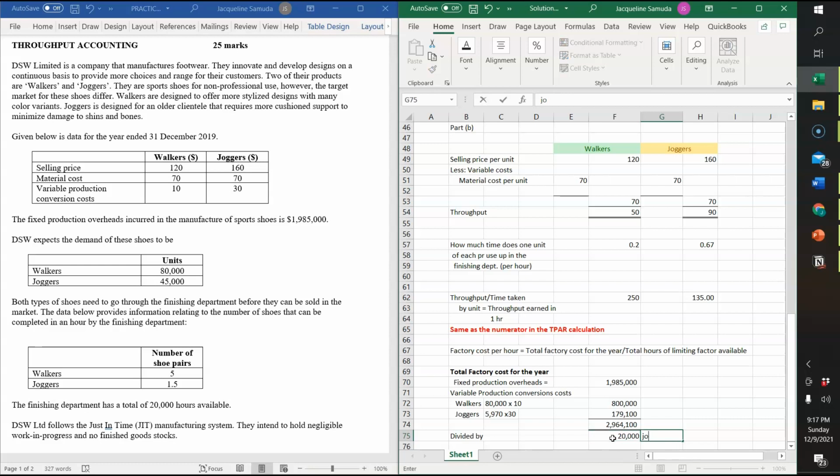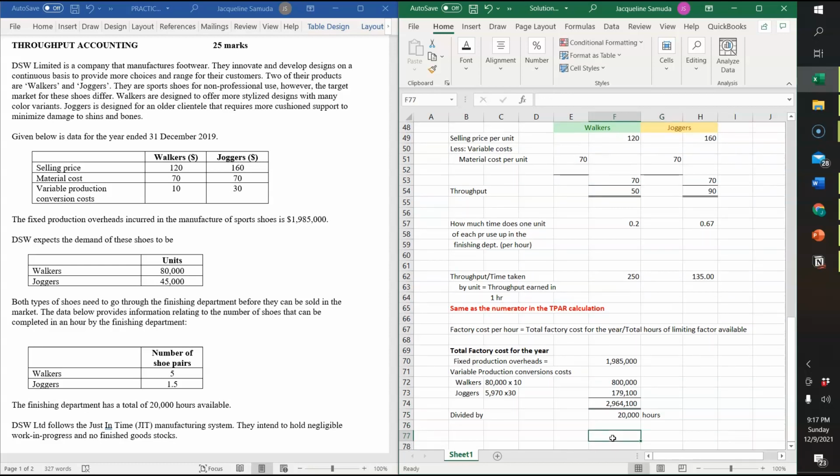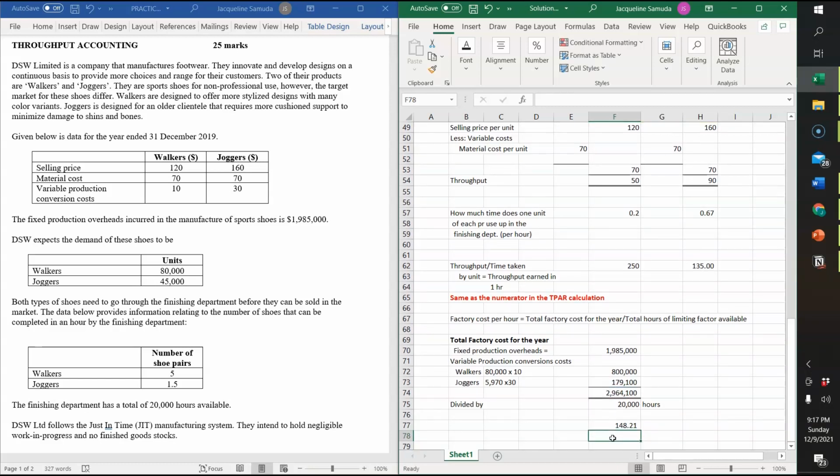So let's find what the bottom part of our TPAR is. So it's this figure divided by this figure. $148.21 per hour. Now what does this data tell us? This is our factory cost per hour that we're going to put in our TPAR formula.